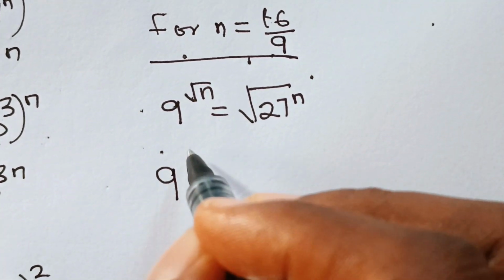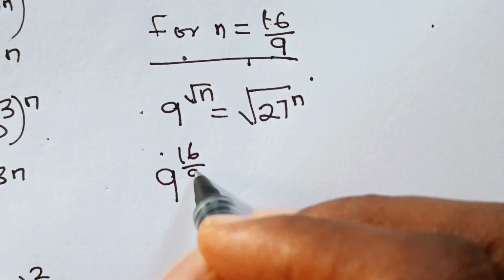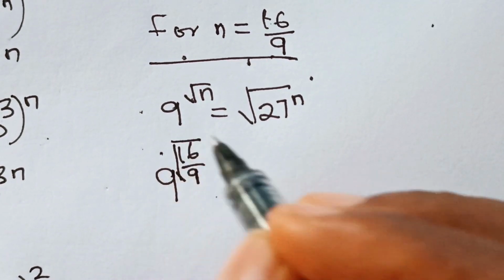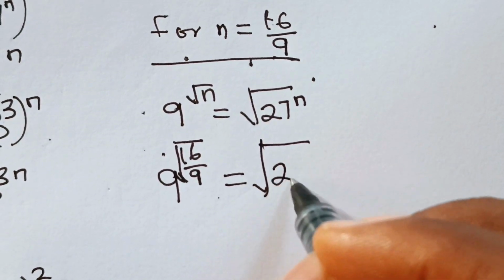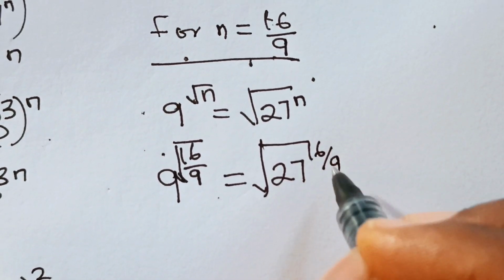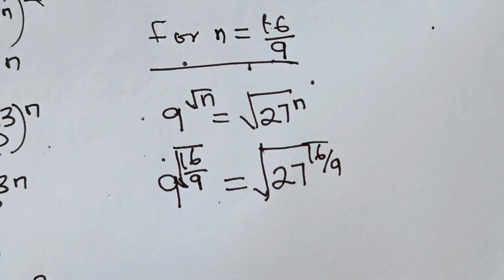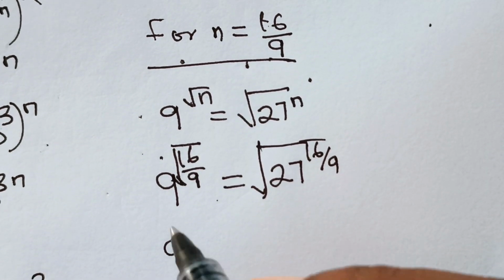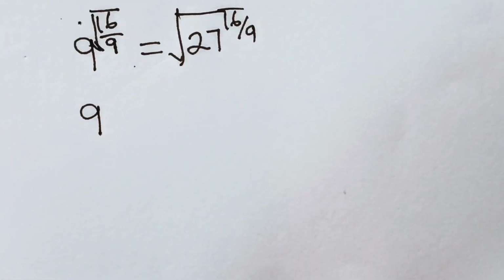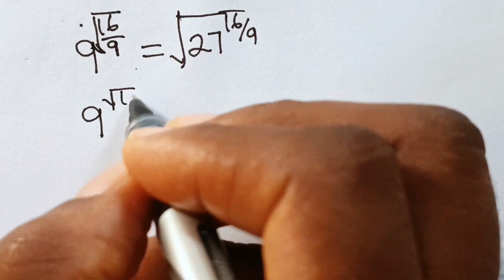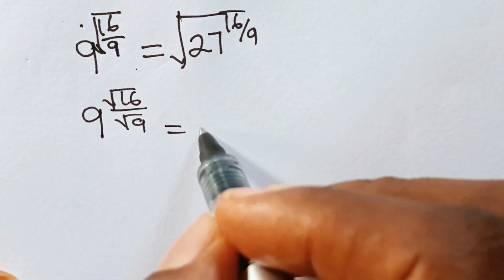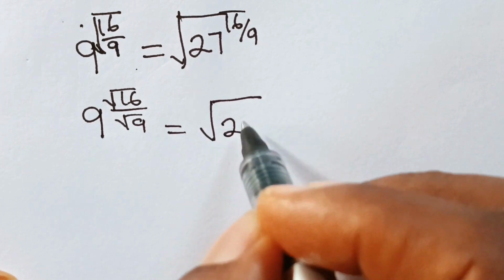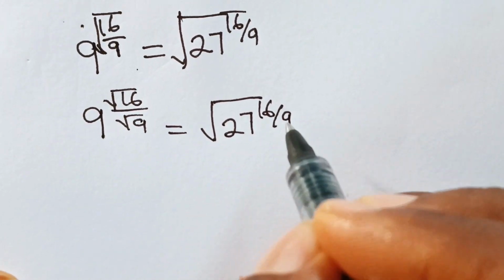So that means that 9 to the power of 16/9 square root, okay, is equal to the square root of 27 to the power of 16/9. All right, now this same thing as 9 to the power of square root of 16 divided by square root of 9 is equal to the square root of 27 to the power of 16/9.